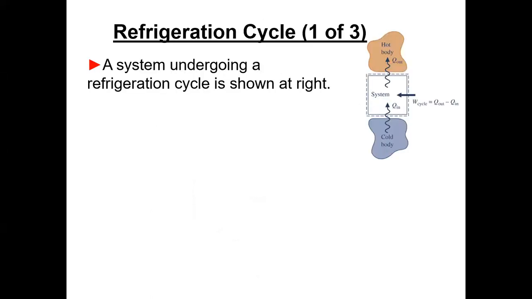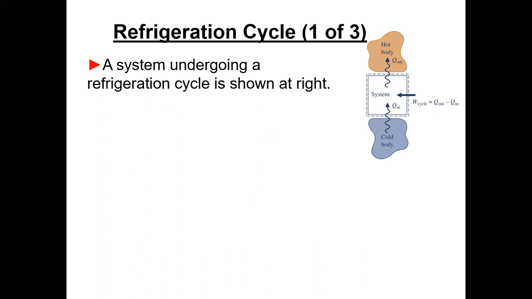Okay, refrigeration. So now we've got our same little setup, but the hot body, cold body, and what's in the system is going to change. For a refrigeration cycle, the cold body is the room. We want to keep it cool.